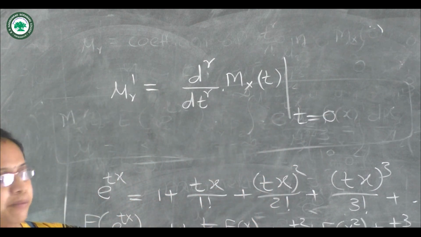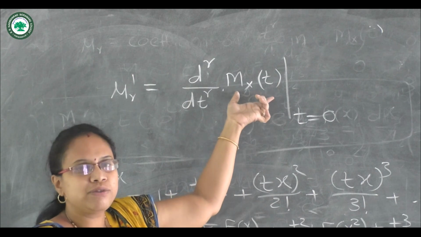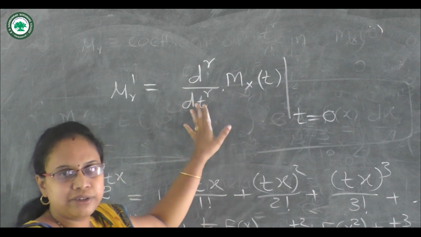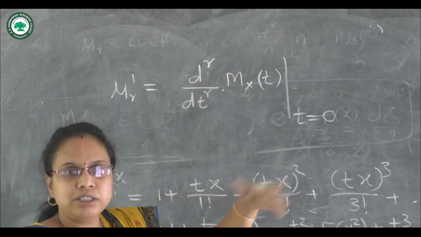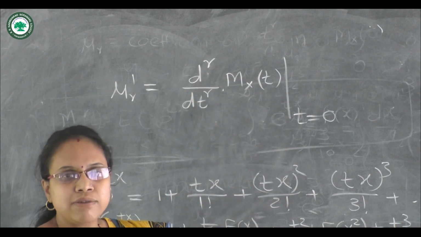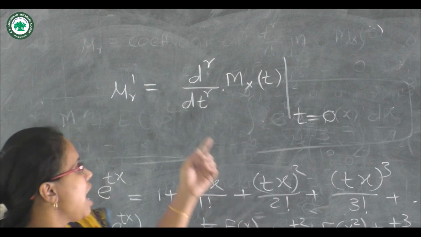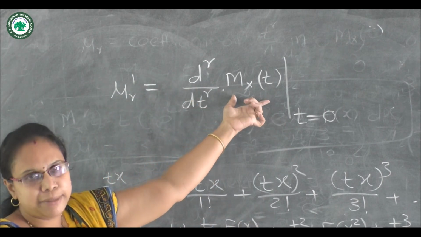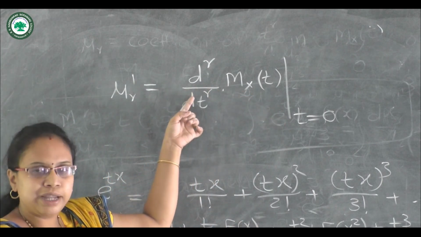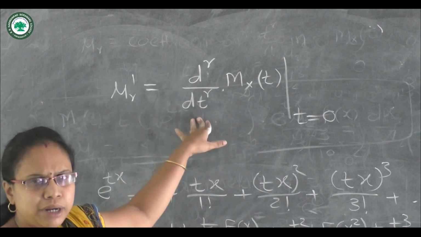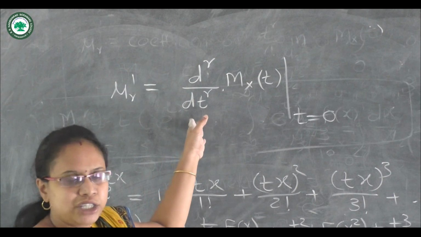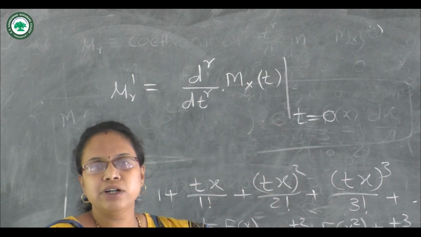So if we have any form of M_X(t), just differentiate it r times if we want the rth moment. If I want the first raw moment, I will differentiate M_X(t) one time. If I want the second raw moment, I will differentiate twice and put t equal to 0.